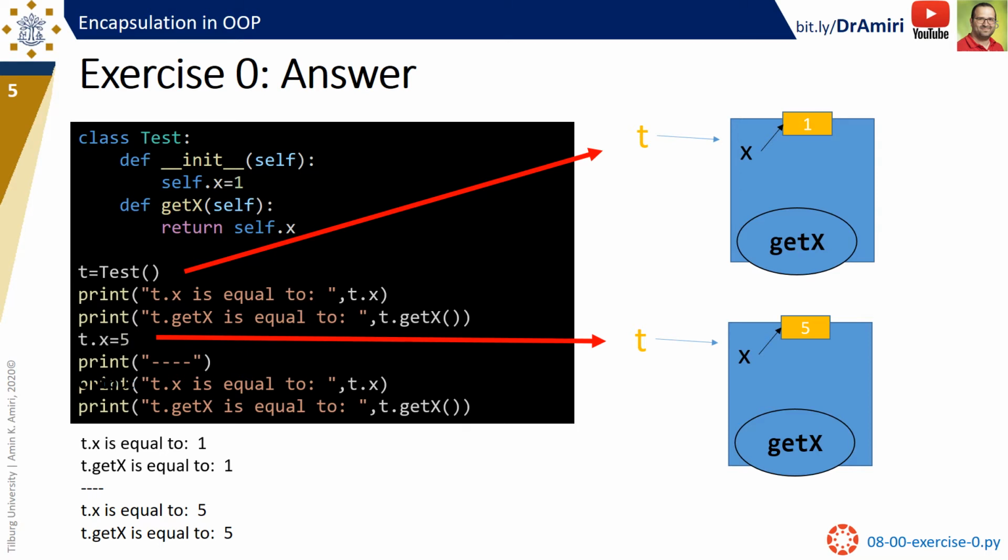In this case, we set it to 5. So as a result, the instance t has a new value 5 in its x. So this time, if you try to print t.x or t.getX, the result would be 5.